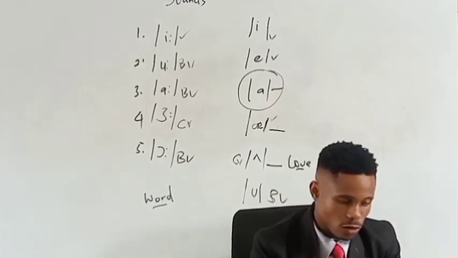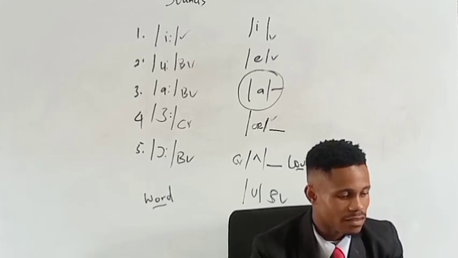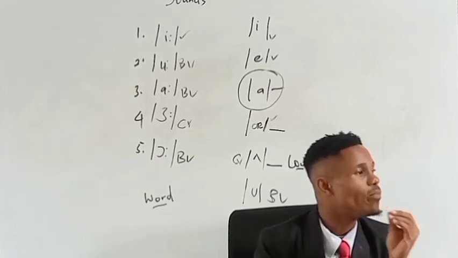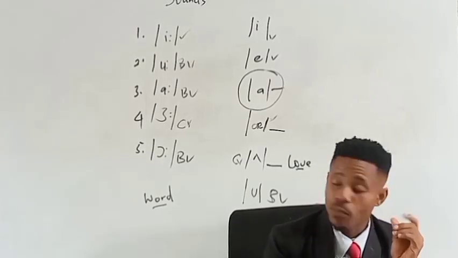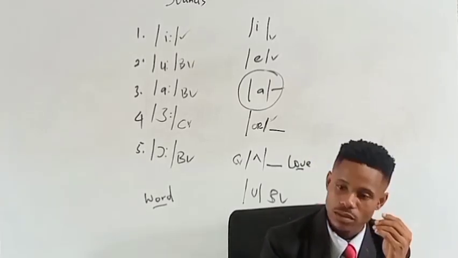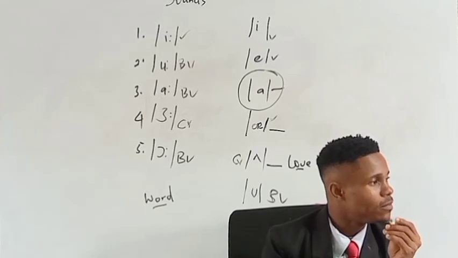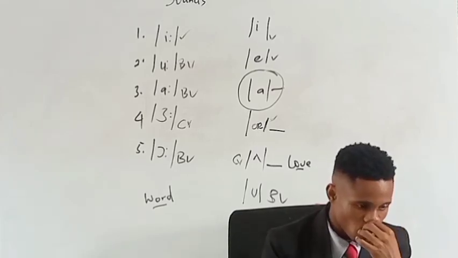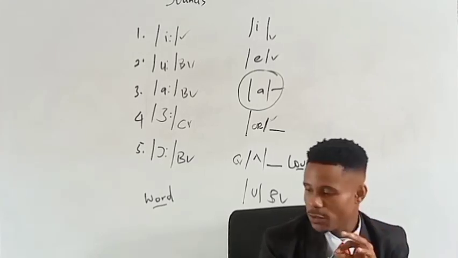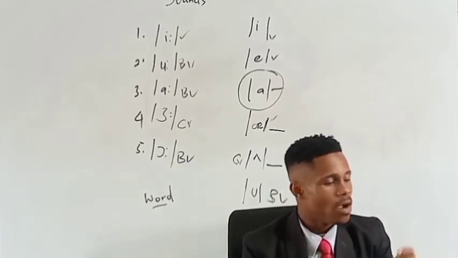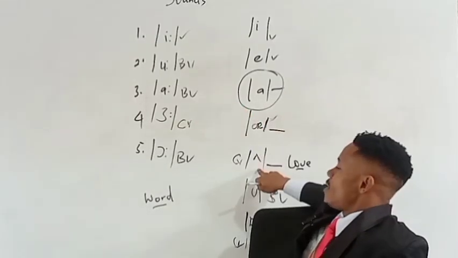The third classification of vowels, that's C, is the openness of the mouth. Openness of the mouth. Are you there? That's all right. Pronounce this.